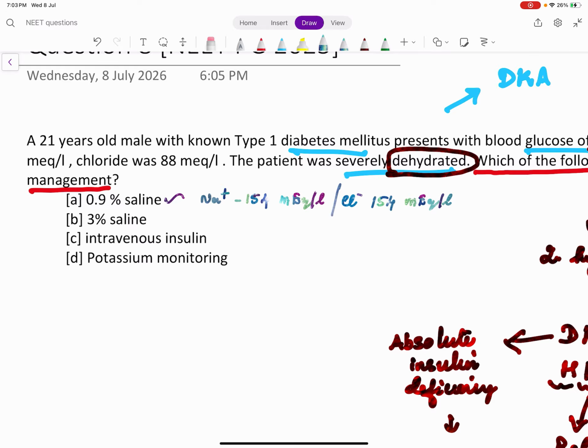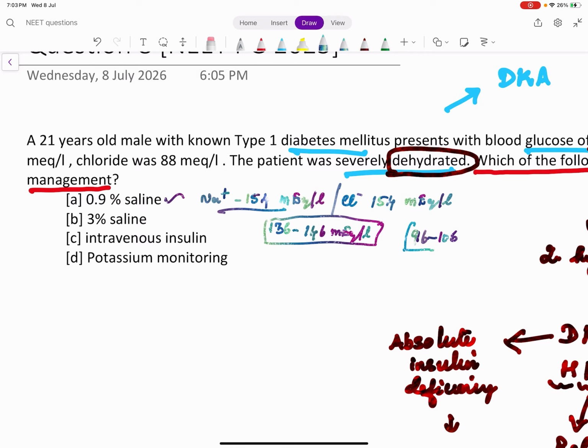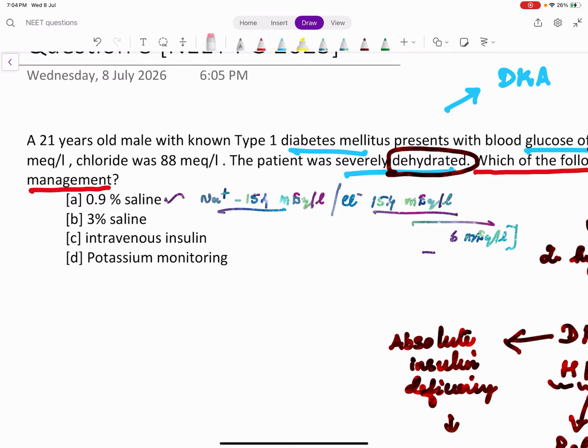Even though it is called normal saline, it is not normal, because the normal sodium value in our blood is 136 to 146 milliequivalents per liter. The sodium value of normal saline is high. The normal chloride in our body is 96 to 106 milliequivalents per liter, whereas in normal saline it is 154. So it is very high compared to our bodily value, but it is still called normal saline.